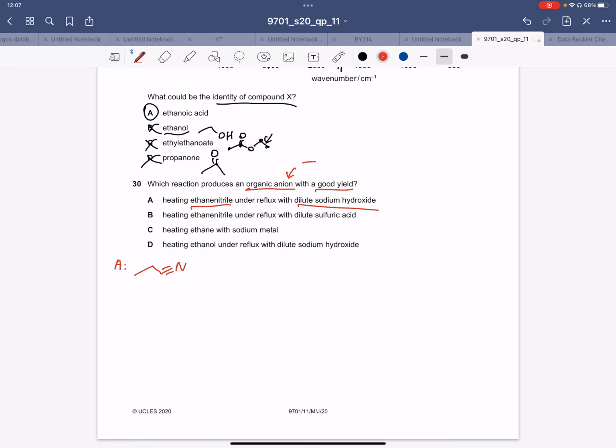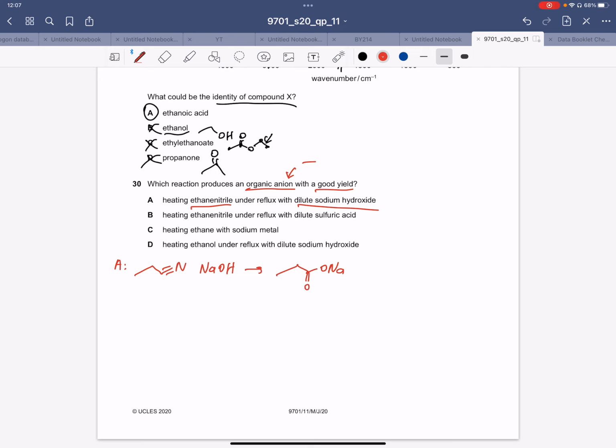And then you're treating it with dilute sodium hydroxide. What this will do is form a carboxylic salt. It'll turn this into a carboxylic acid of sorts, but it'll substitute like that. And this is what you're going to get.